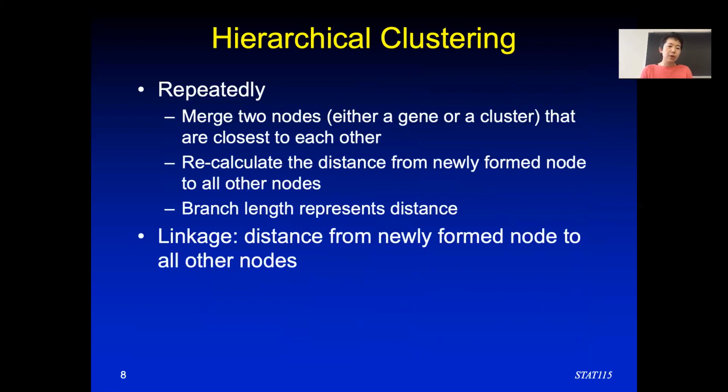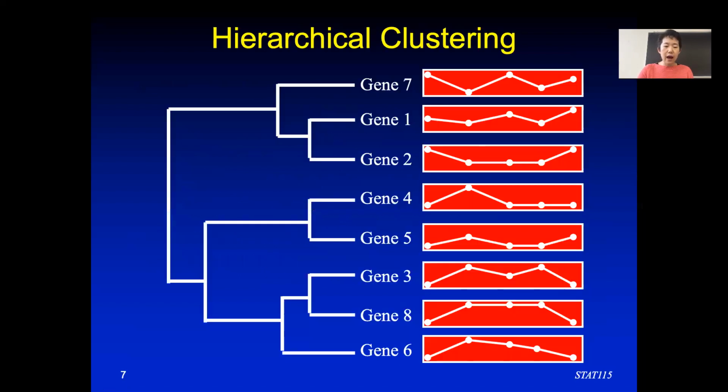You merge the two nodes that are closest to each other in terms of, say, expression correlation. And then you recalculate the distance from the newly formed node to all the other nodes. And in hierarchical clustering, the branch length from this branch to this branch gives you the distance between the different nodes, okay?